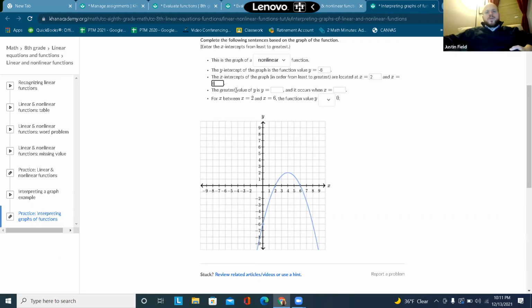The greatest value of y is, so when we trace the graph, it has a high point right here. And what's the y value? 2. And when does that value of 2 occur? It occurs when x is 4.